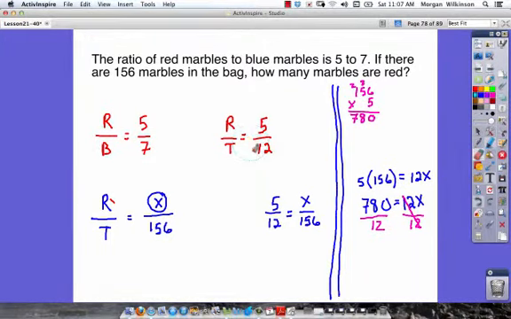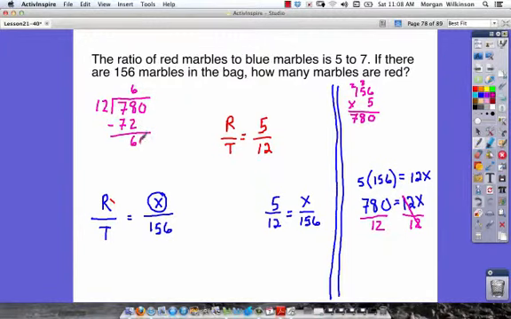I'm going to erase some of our original work. Let's erase over here. We didn't need that anyway. So, we have 780 divided by 12. Well, 12 is going to go into 78 6 times. 12 times 6, what's 12 times 6? That must be 72. We're going to subtract. We have 6 left over.